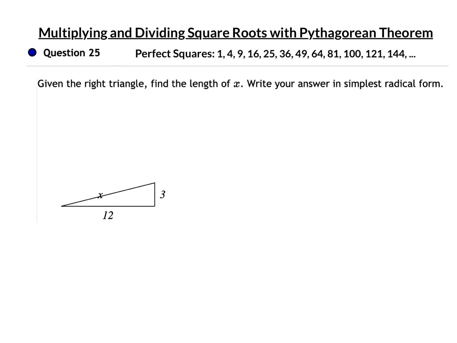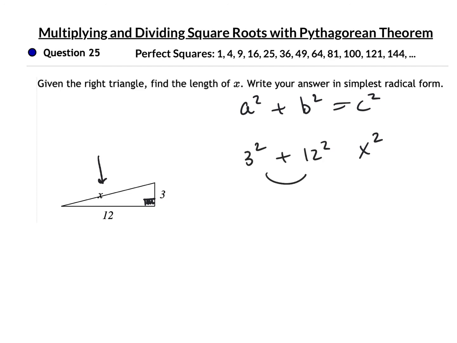Question 25. Here we're trying to find the hypotenuse. That's the x right there. And that means in a squared plus b squared equals c squared, we're trying to find c. That's our x. What we have then is 3 squared plus 12 squared. Remember, these two can be turned around. It doesn't matter which one you call a and b.